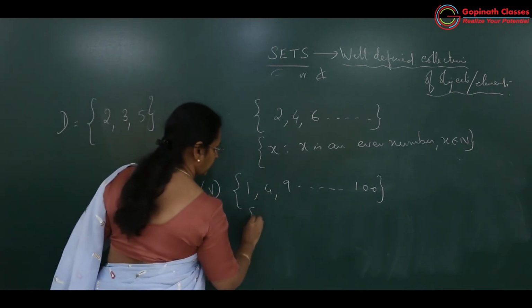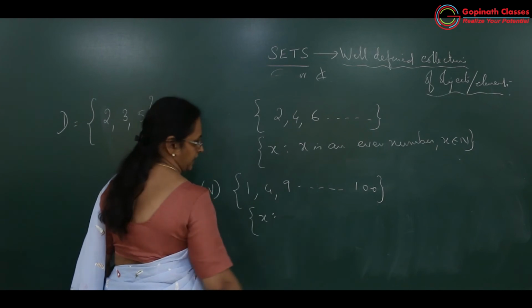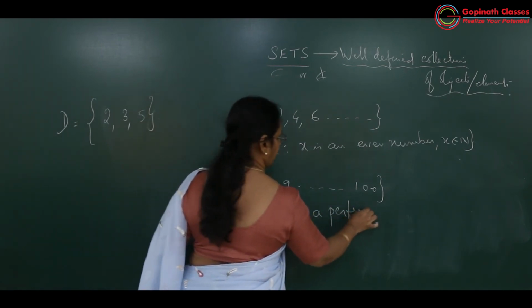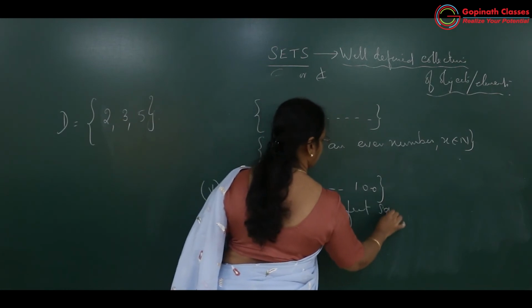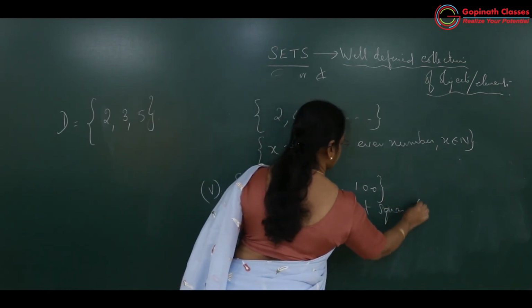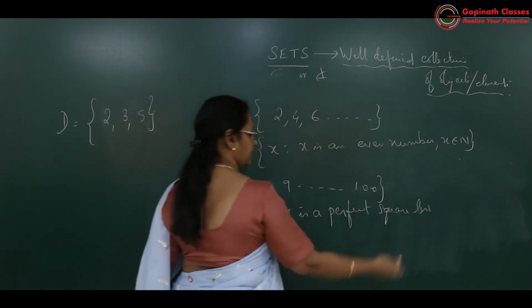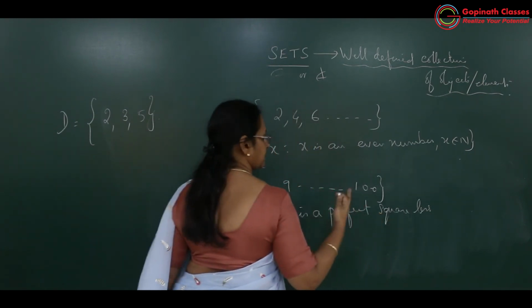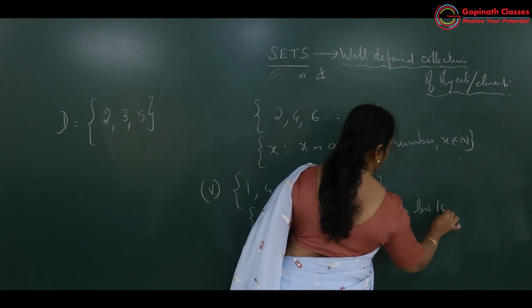Perfect square. So how can we write it? Like x such that x is a perfect square less than 101.